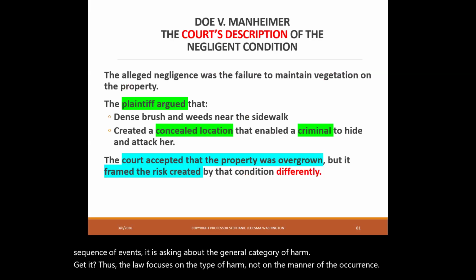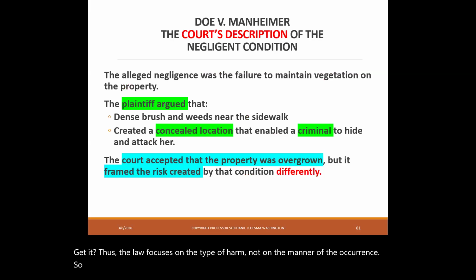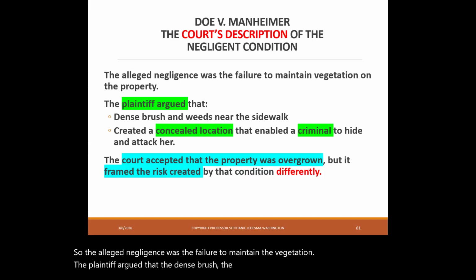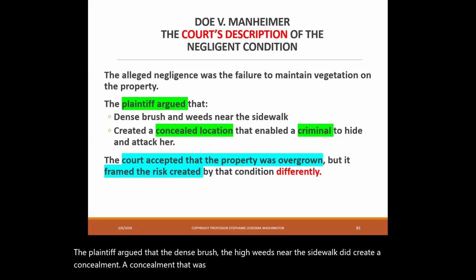So, the alleged negligence was the failure to maintain the vegetation. The plaintiff argued that the dense brush, the high weeds near the sidewalk, did create a concealment that was so effective that it enabled a criminal to hide an attacker.